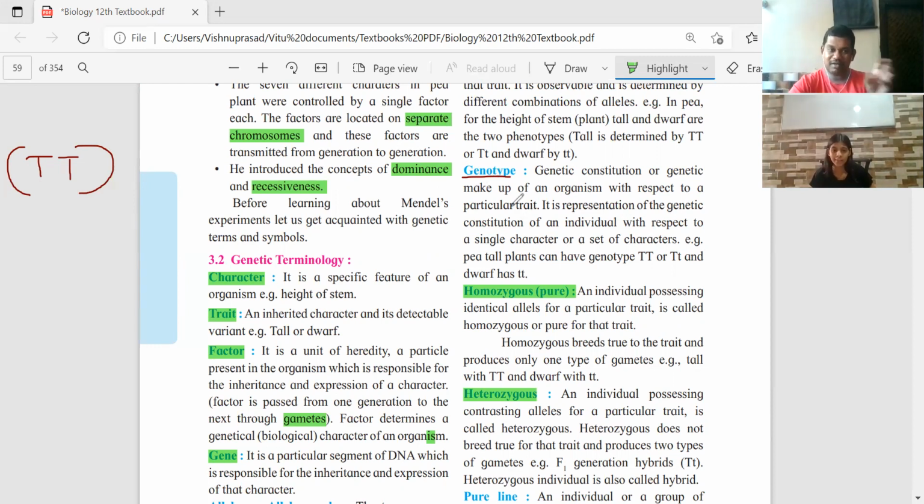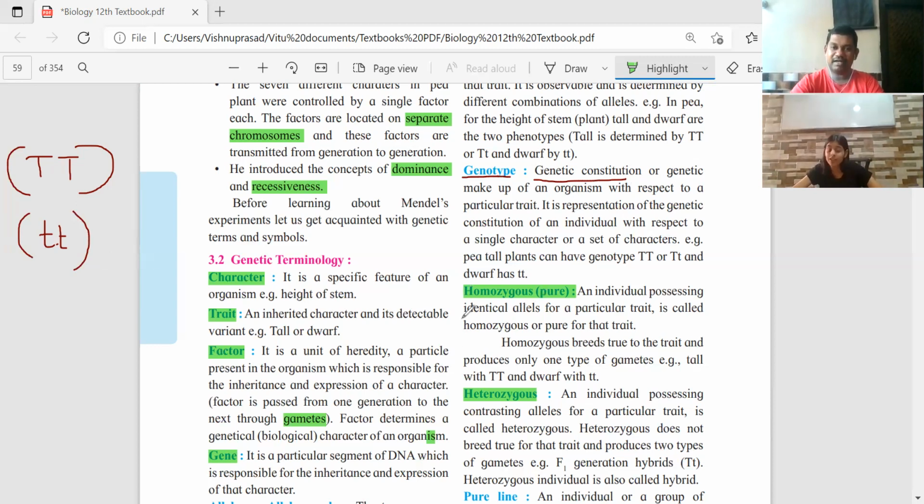It's like on paper you write with the help of letters, mentioning the genetic constitution with the help of these letters. So when the genotype is written in such a way that both the alleles are either dominant or recessive, then we call it homozygous.